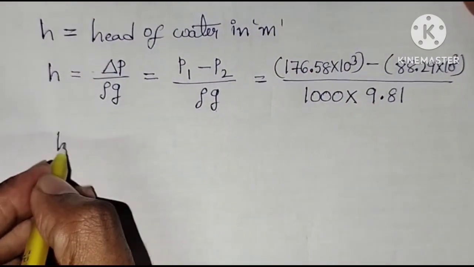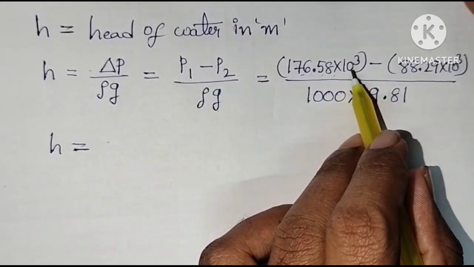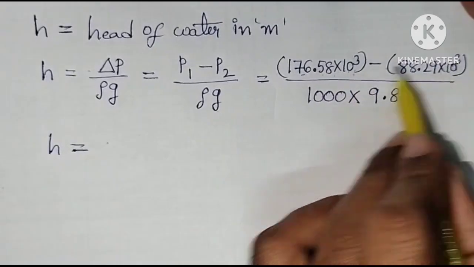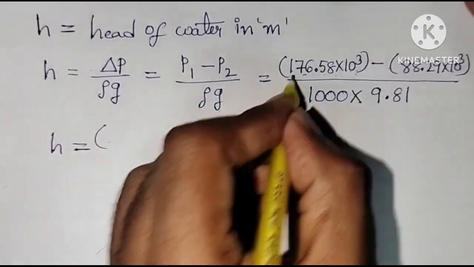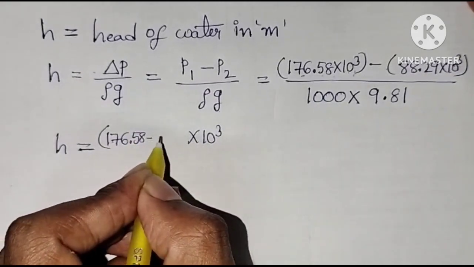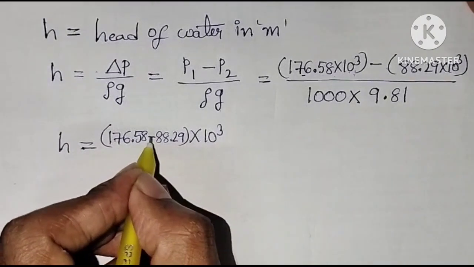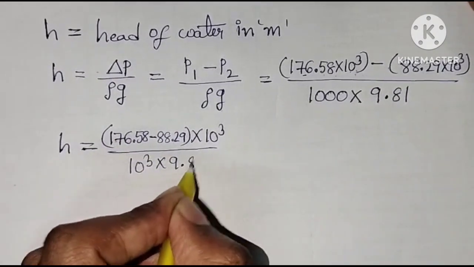Let us simplify further. 176.58 into 10 cube minus 88.29 into 10 cube. Here 10 cube is common, so take out 10 cube. 176.58 minus 88.29, whole divided by 1000, that is 10 cube, into 9.81.